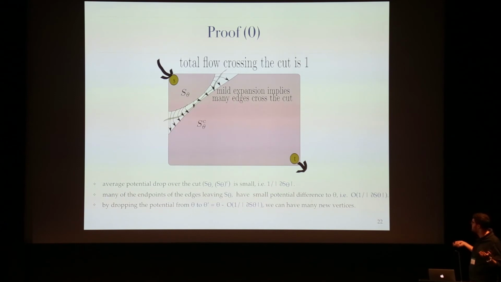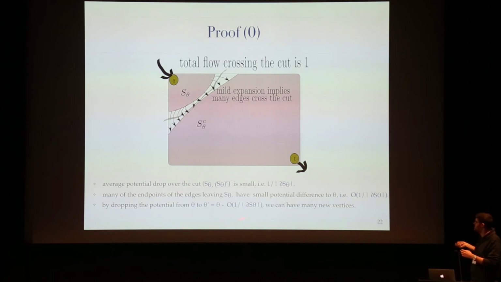Then by using Markov's inequality, for many edges in the cut, the potential drop between the endpoints is very small, on the order of 1 over the size of the cut.